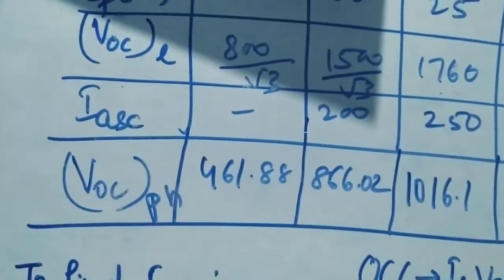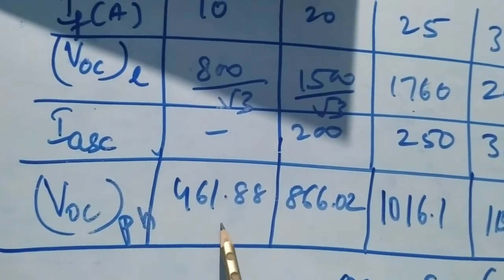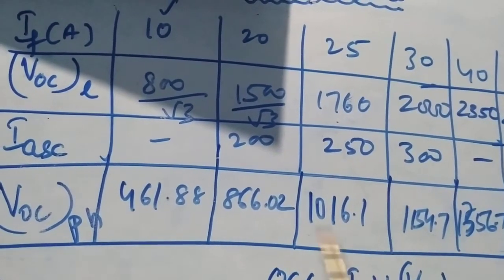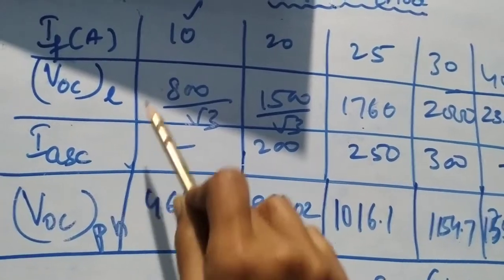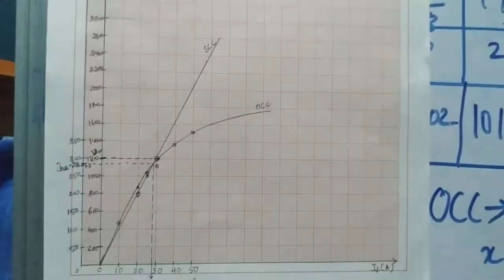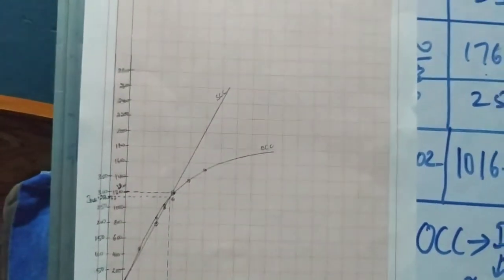You can see here in the problem it is given as line voltage. So we need to convert it into phase voltage because it is a star connection. We have converted this, and corresponding to this VOC we can mark the corresponding value of IF. This is how we have plotted the OCC curve.